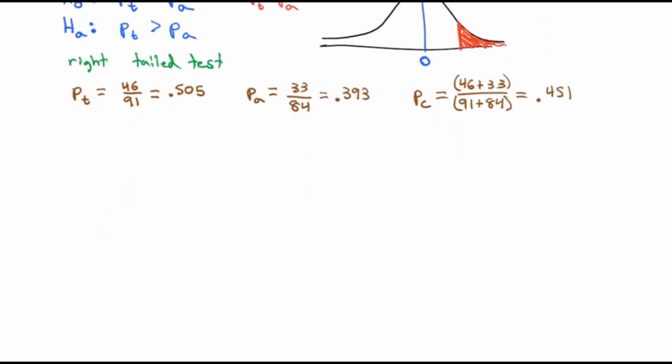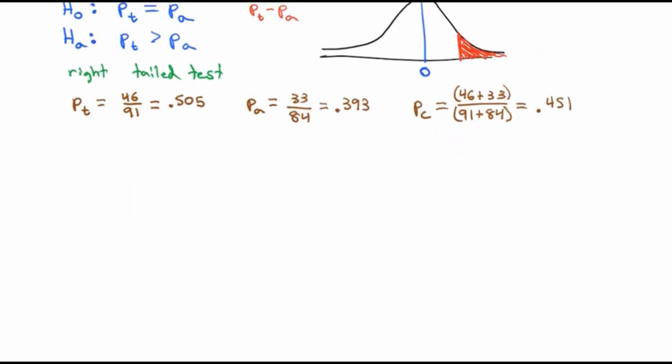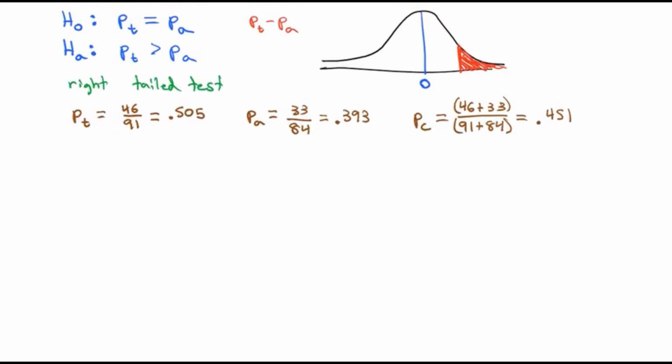We can use that information. Let's not scroll too far. Keep that hypothesis on there. We can use that information to find the distribution.